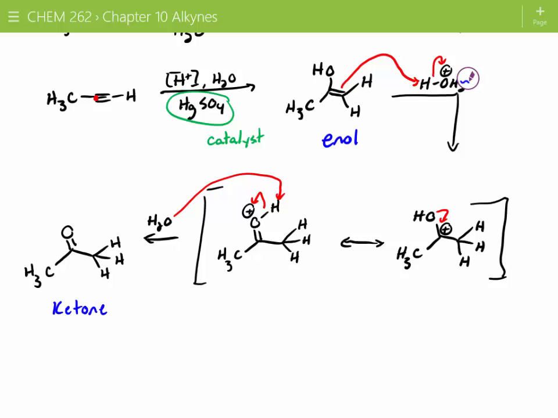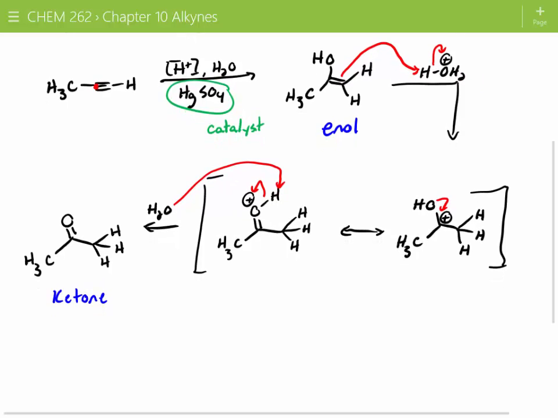So again, this is an example of keto-enol tautomerization. It gets a little bit tricky, but the more you see it, the more intuitive it becomes. Yeah, it doesn't stop at the enol. In this case, the reaction prefers to go all the way to the ketone.